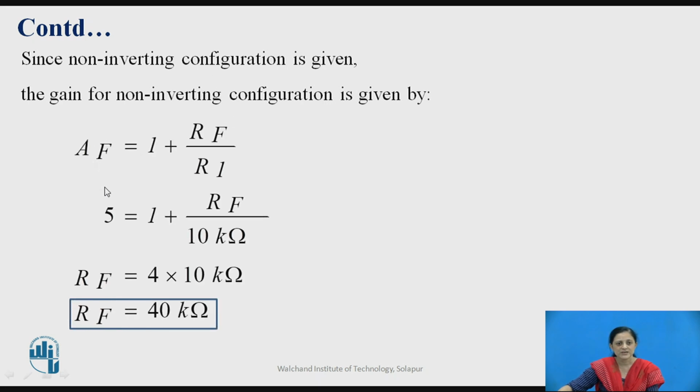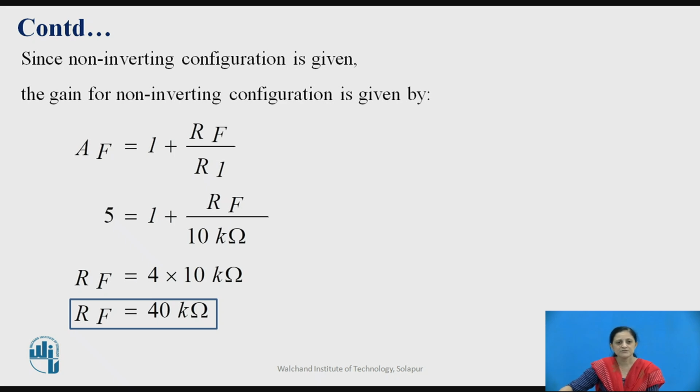So, put the value of AF equal to 5, 1 plus RF unknown, and R1 given equal to 10 kilo ohm. By putting these values and rearranging the equation to find the feedback resistor, RF is equal to 5 minus 1 into 10k, that is 4 into 10 kilo ohm. So, RF is equal to 40 kilo ohm. This is the value of the feedback resistor.